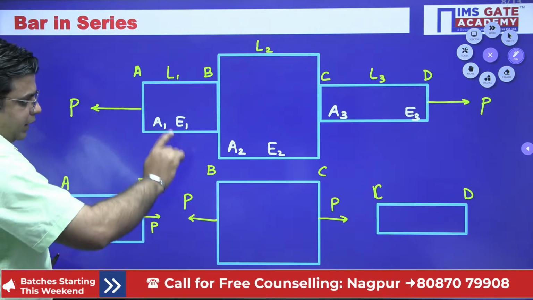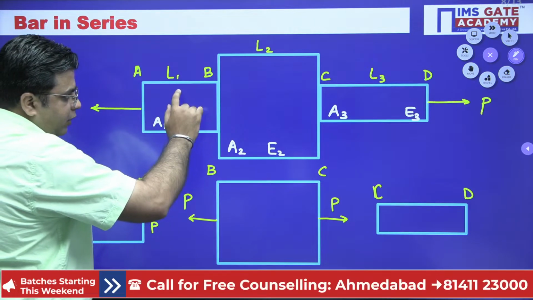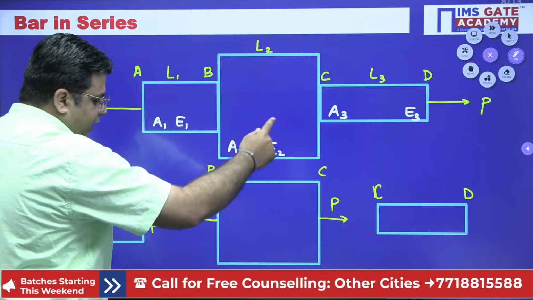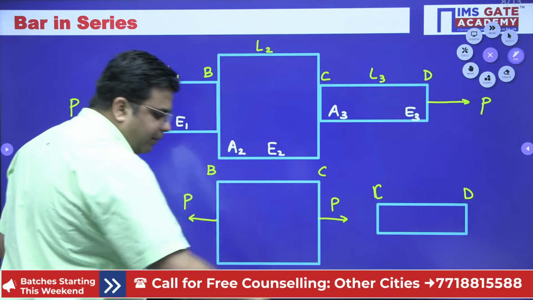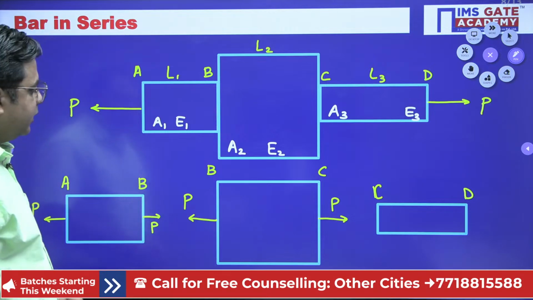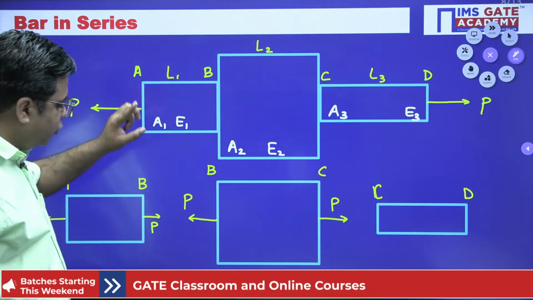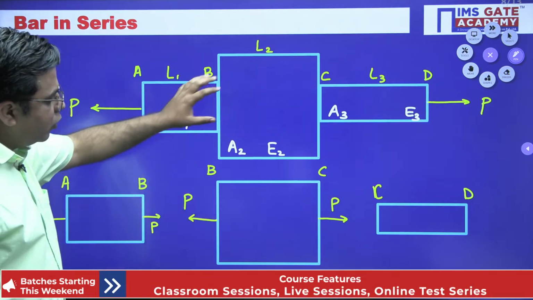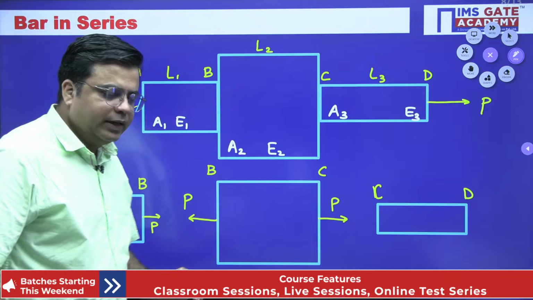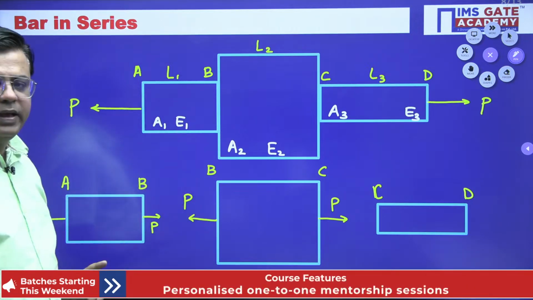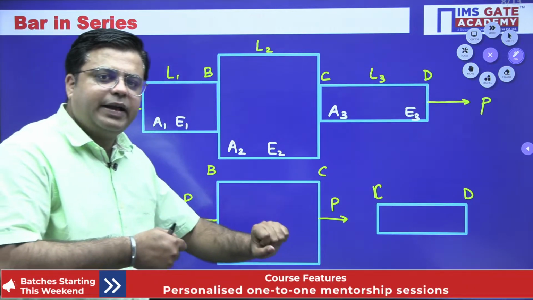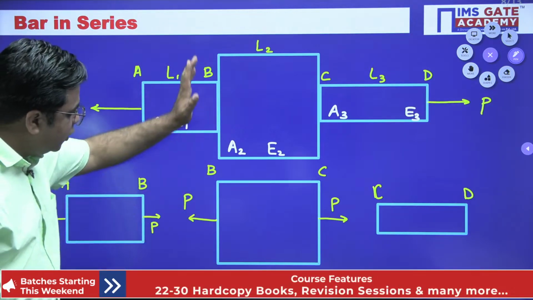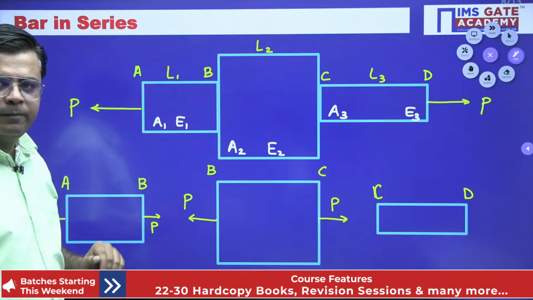For this junction B, this member BC is going to pull this member by the amount of P. But this member AB is going to oppose this pull and will apply the same pull of P over this member BC, right? So this is how this junction will behave. And due to the internal reaction forces that are developed at this junction, you will see these forces over this section of B, right?